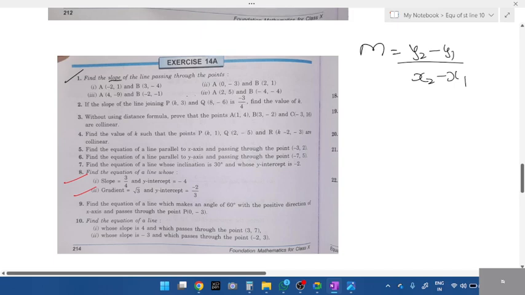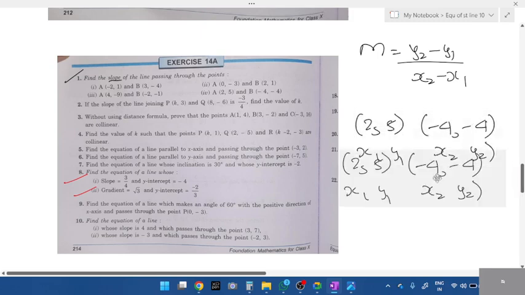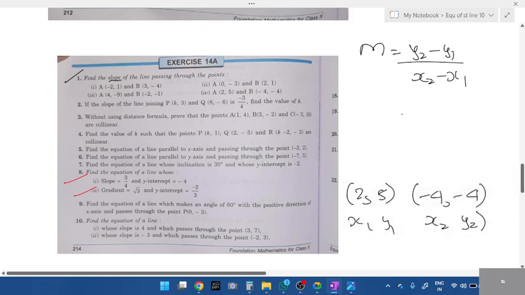I'll take any one question. I'll take the last question. What is (2, 5) and (minus 4, minus 4), students? x1, y1, x2, y2. Tell me the answer. What should I write? Minus 4 minus what is y1? 5. x2 is minus 4 minus 2.